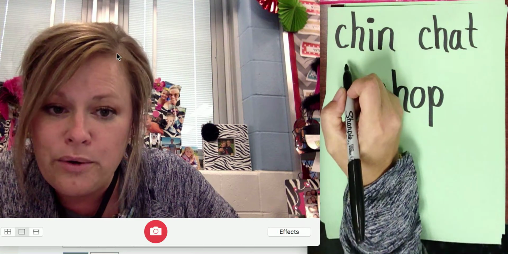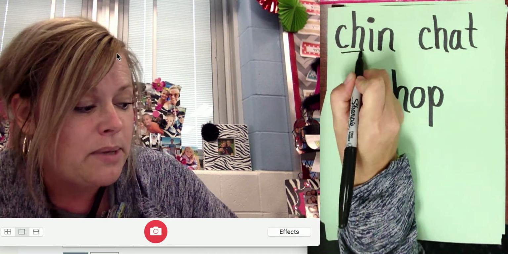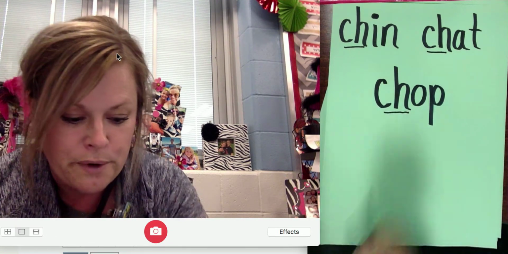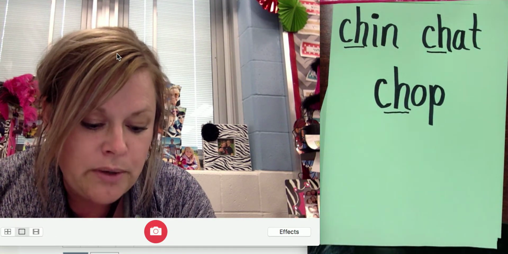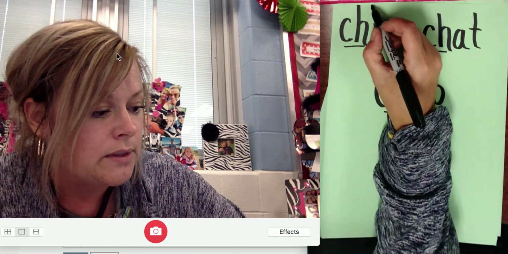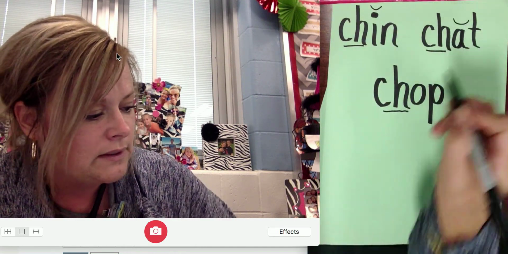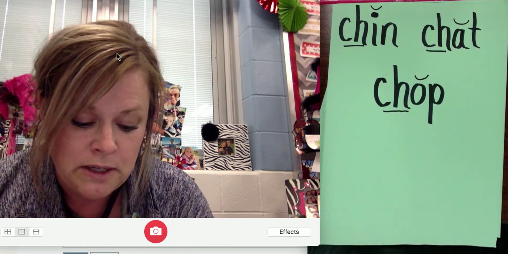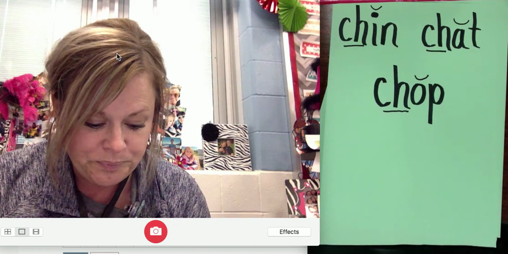And the way we code the CH is just underlining it because we know digraphs are underlined. So I'm going to go ahead and do that there for you. And you'll notice that the vowels are all followed by consonants in these words, so we're going to breve those vowels. And there are some words with the ch in the initial position all coded and ready to go.